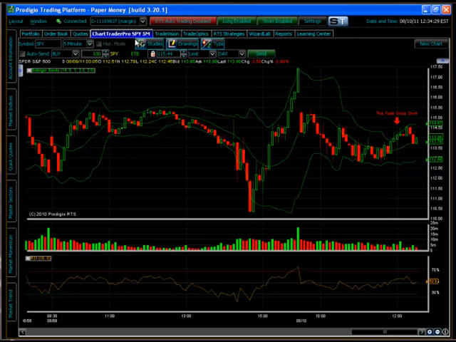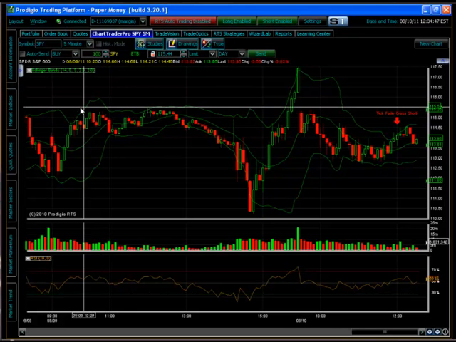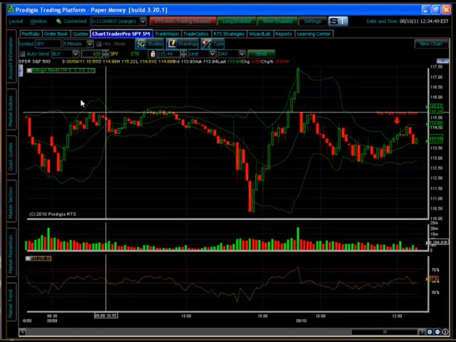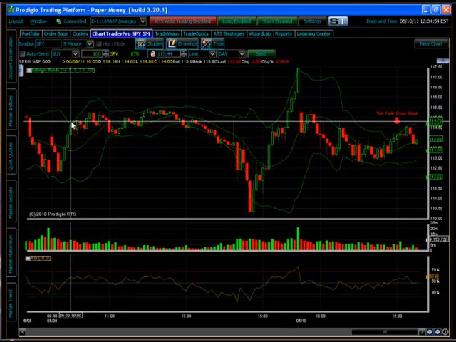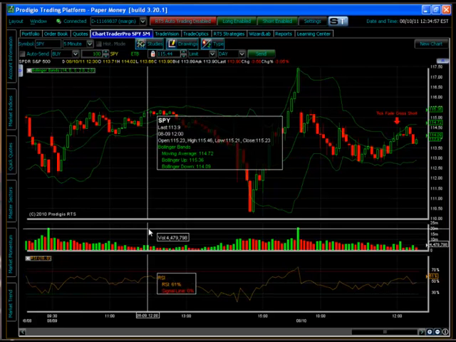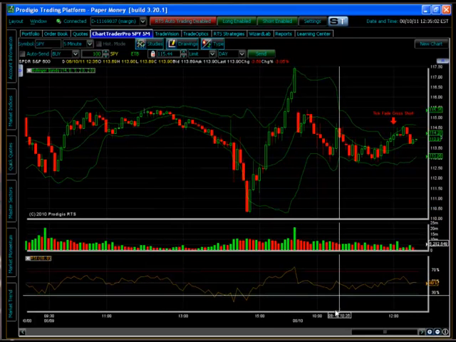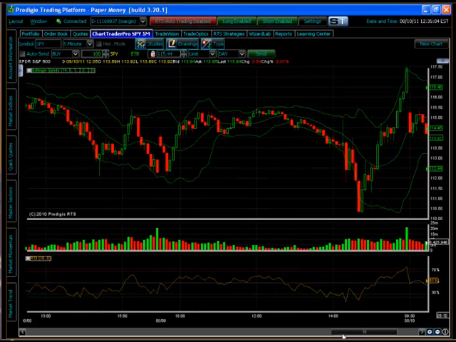You always want to understand what the study is measuring so that you can tweak this parameter and get realistic results out of something that shows you situations that have value. Long story short, I know that I'm targeting these relative maximums. I want these peaks. And just because price goes up above this upper Bollinger Band, that's not necessarily a peak. Not necessarily. I could probably find a lot of examples if I scroll back far enough.